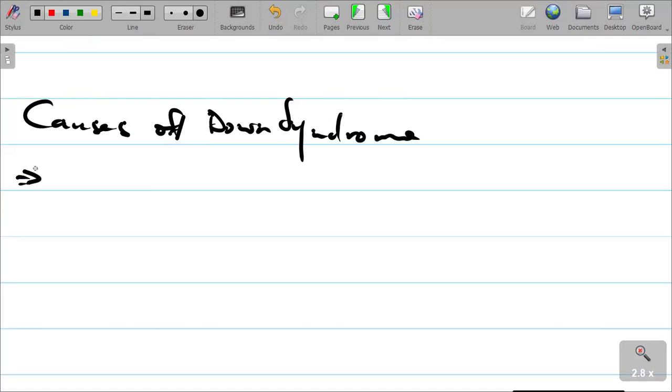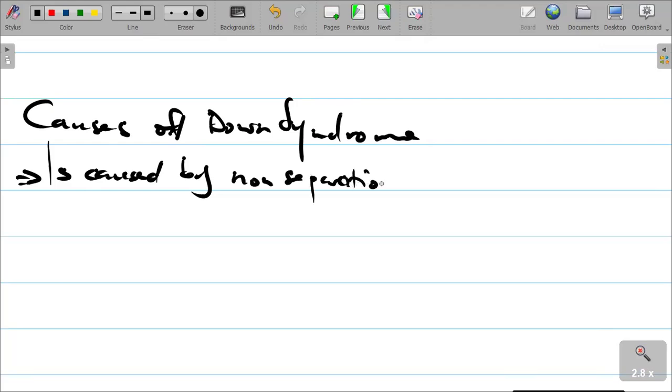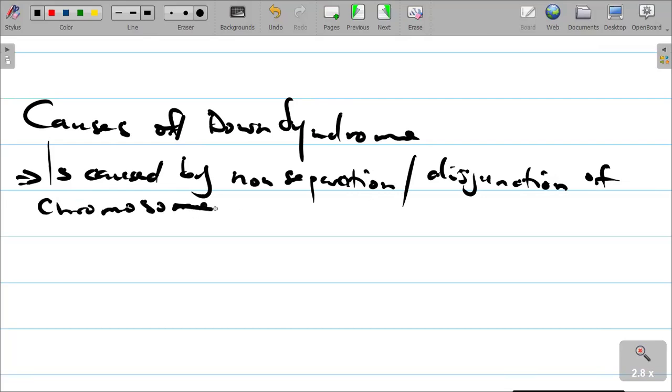We are saying it is caused by non-separation, sometimes called non-disjunction, of chromosomes during meiosis.